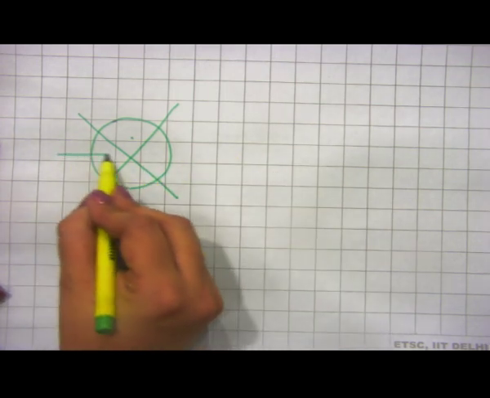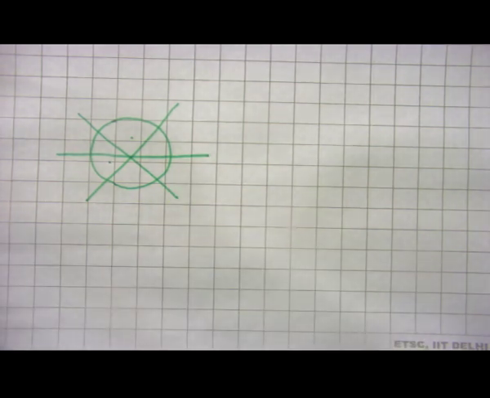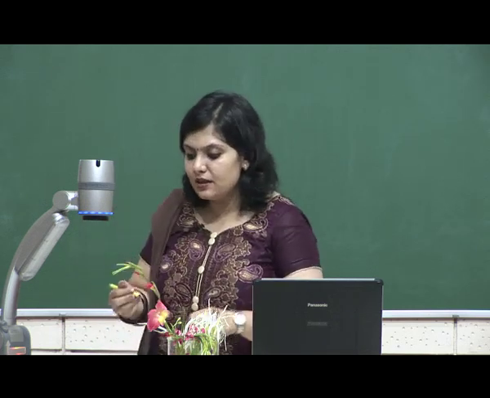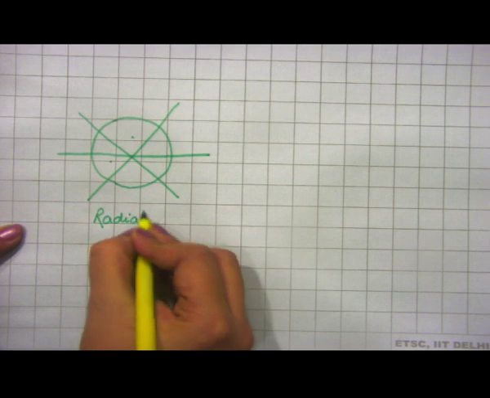I repeat, any structure is said to be radially symmetrical when it can be cut in any vertical plane passing through the center, and it can result in production of two equal mirror images. So such a structure is called radially symmetrical.